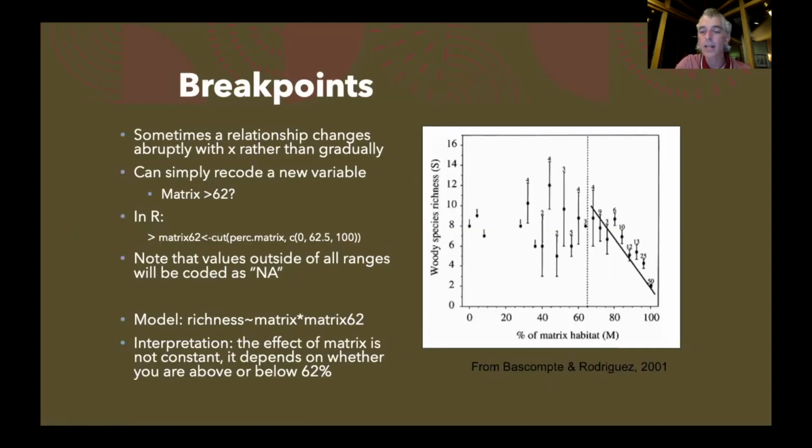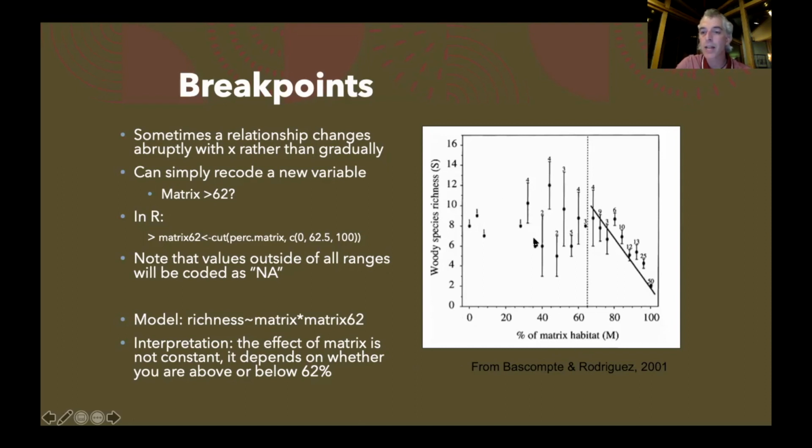Now, in other cases, the relationship between a predictor variable and a response variable does not change continuously across our values of x in a nonlinear way. Instead, we can see these abrupt changes in the relationship, where we might have no relationship below some threshold, and then a dramatic change in the relationship after that threshold, as I've shown in this figure here.